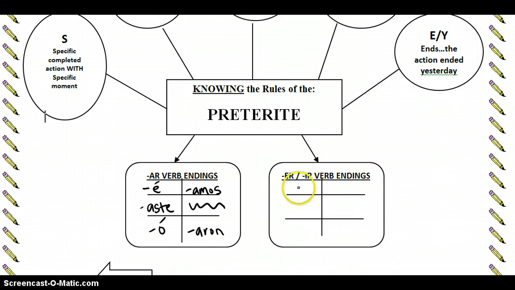And our ER and IR endings are: í, iste, ió, imos, and ieron.